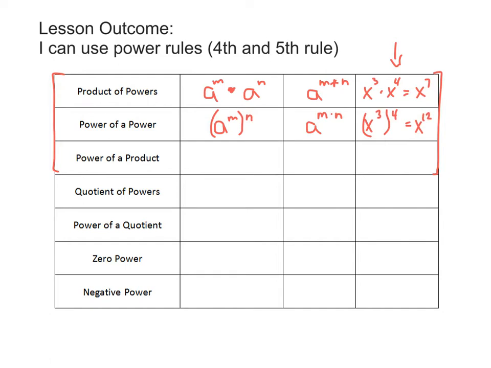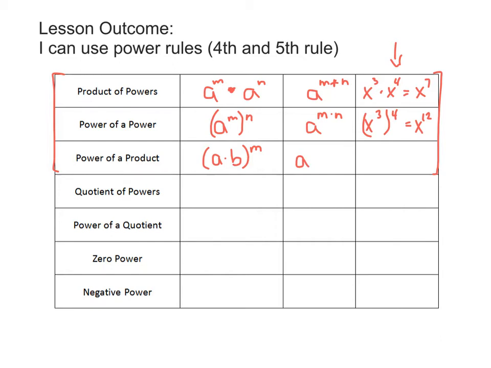And then our third one is a power of a product rule. A power of a product means that we've got a product in our parentheses, so let's say a times b, and it's raised to a power. Well, remember that the rule is that we can take both a and b and raise it to the m power.